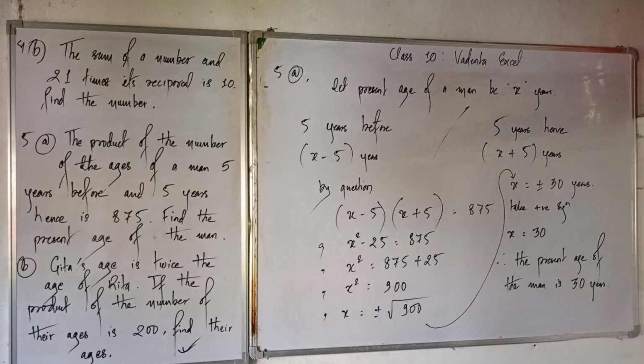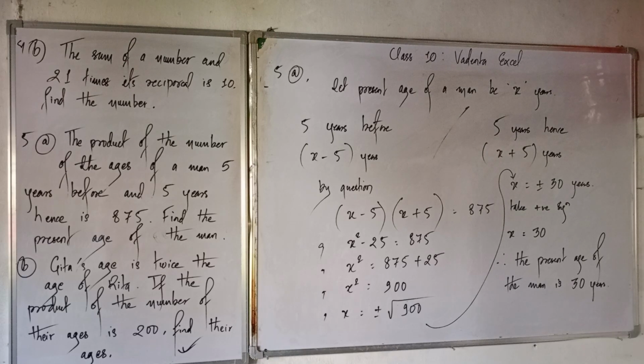Number 5b: Gita's age is twice the age of Rita. That means Gita's age is double Rita's age.